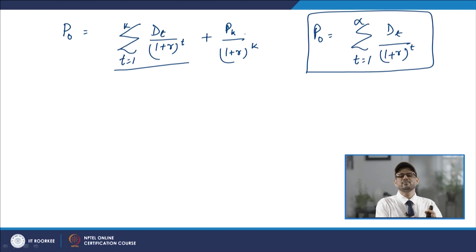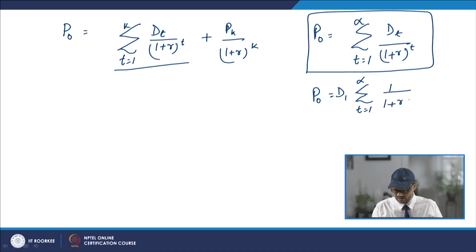The dividend may change, there may be growth or there may not be growth. If the dividend remains the same, P0 will be d1, since it is constant it comes out, times the summation from t equal to 1 to infinity of 1 by 1 plus r raised to the power t.